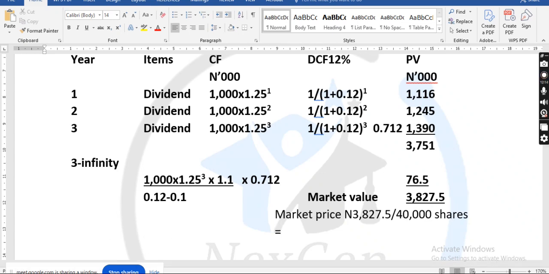So what do you have? What is the market price? We have to write reports, but let me just finish this calculation first. So what is the market price? 0.1. 0.10 naira per share.